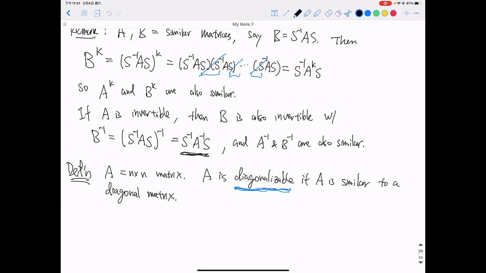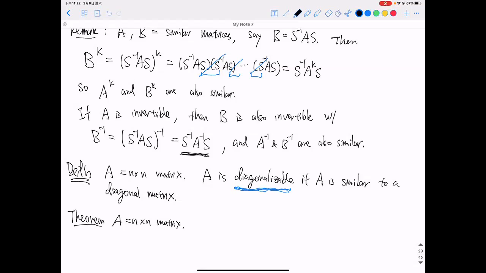Okay. And the following theorem is as much as we're going to say about finding eigenvectors, finding a basis consisting of eigenvectors. Okay, and that's the following theorem. So suppose A is an n by n matrix.